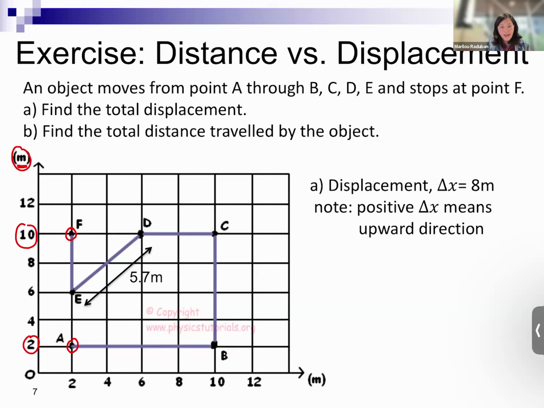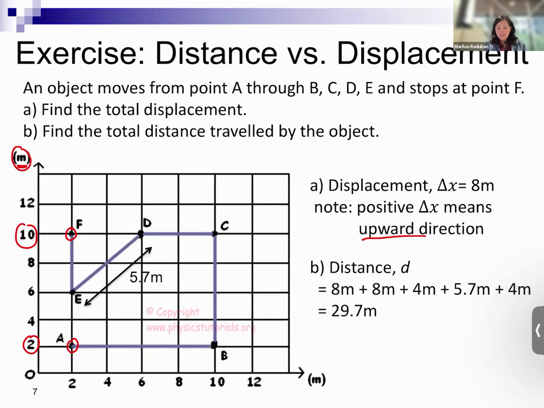The direction, you have to indicate the direction. The positive sign can be used as the direction. It means upwards. Based on the context, by looking at the context of the motion, the object can move directly upwards from point A to point F. So the positive sign here can mean upwards, right?